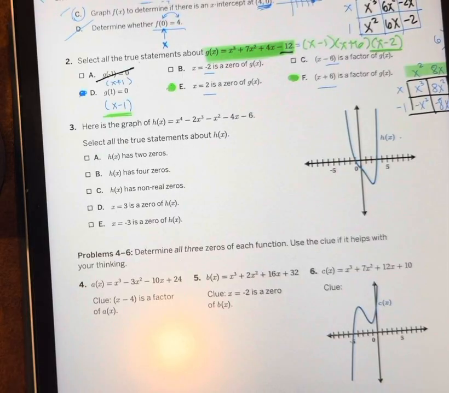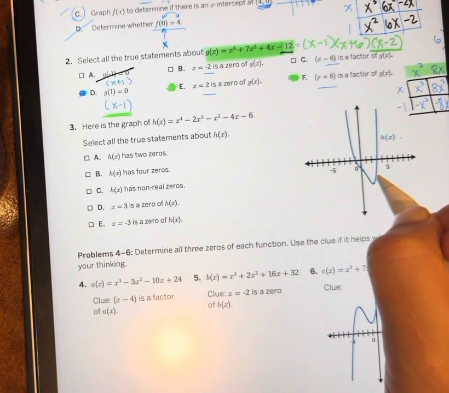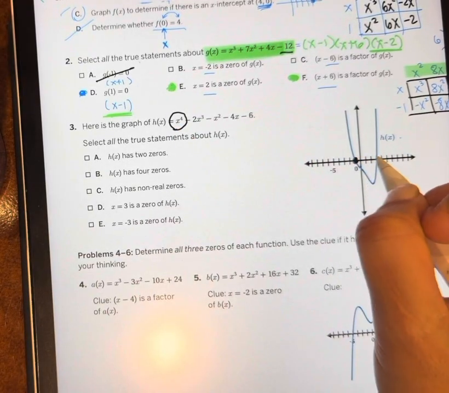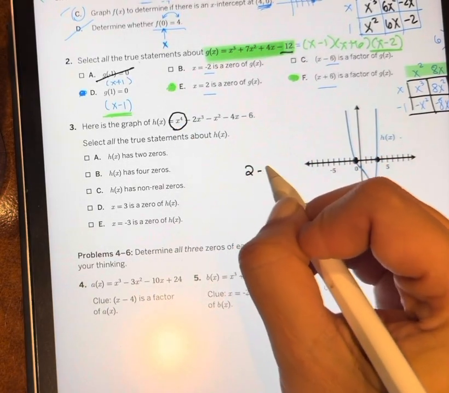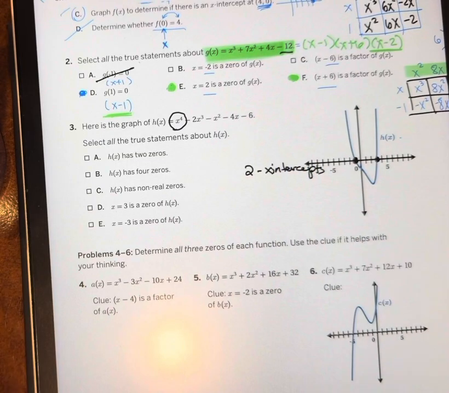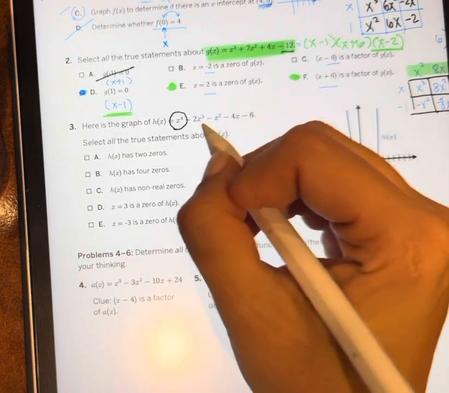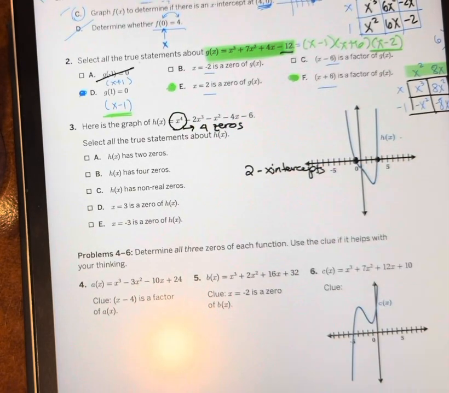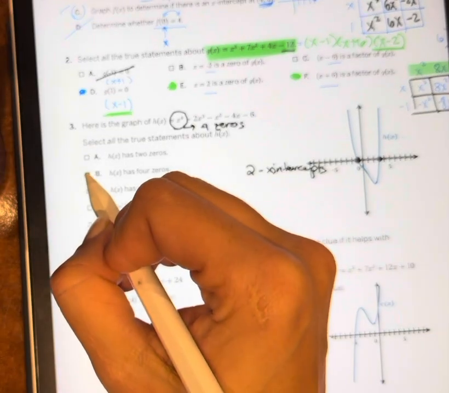So let me explain. This is a 4th degree polynomial. Looking here, it has 2 x-intercepts. But a 4th degree polynomial will have 4 zeros. Some could be imaginary, okay? So that's the deal, that it definitely has 4 zeros.